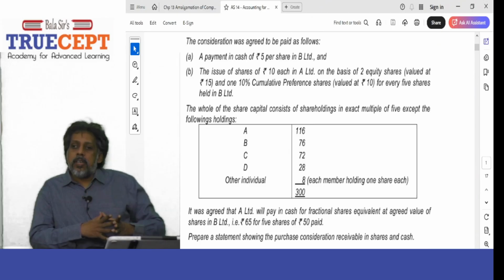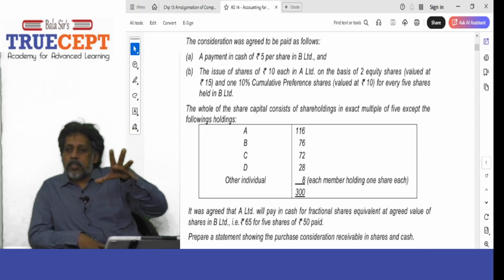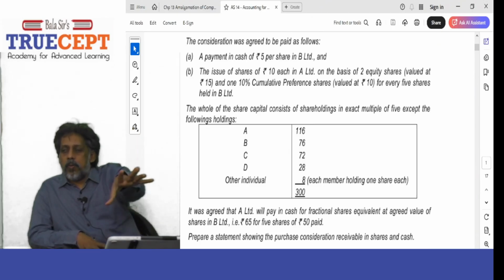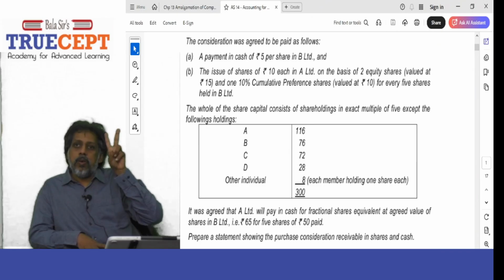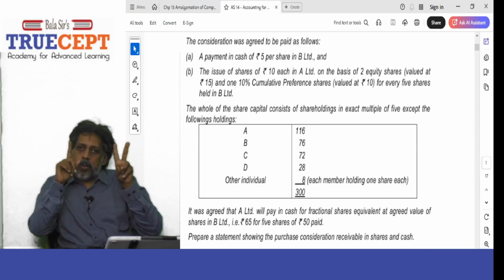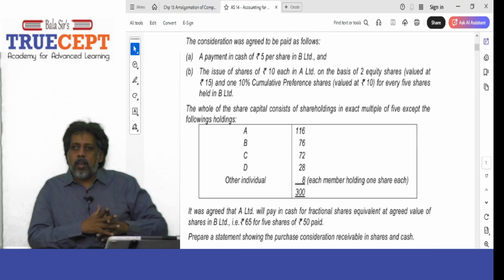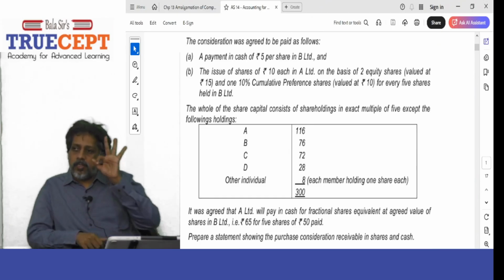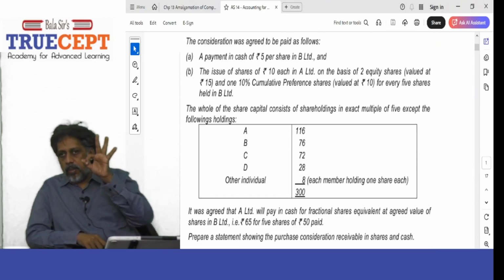What is the meaning? For every 5 shares they hold, I will offer the equity shareholders 2 equity shares worth 15 rupees each, and also one preference share of rupees 10 each. In all, I am offering 3 shares for every 5 shares.